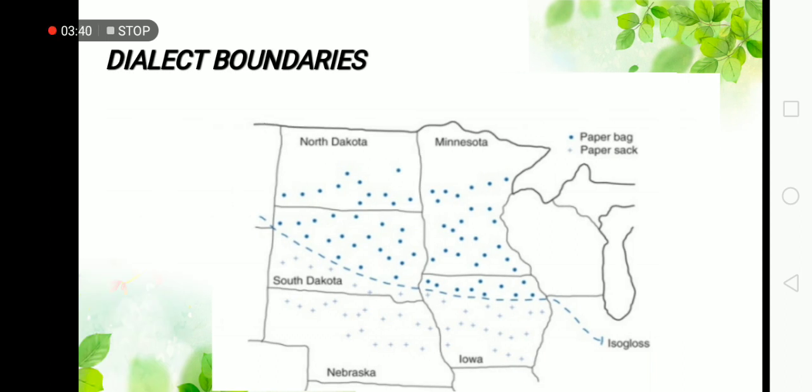A small circle indicates where paper bag was used and a plus sign shows where paper sack was used. The broken line between the two areas is an isogloss that coincides with enough other isoglosses involving linguistic features to be classified as a dialect boundary.